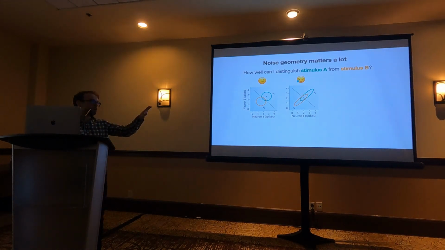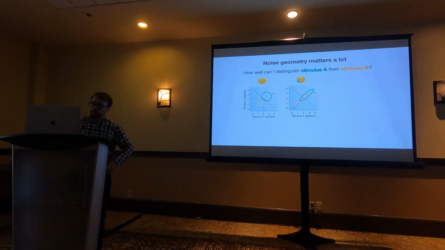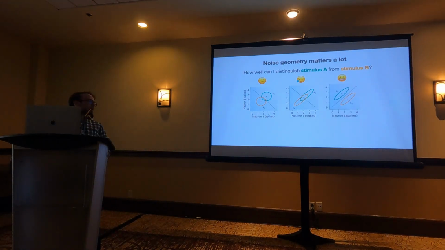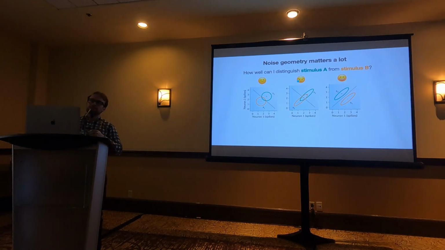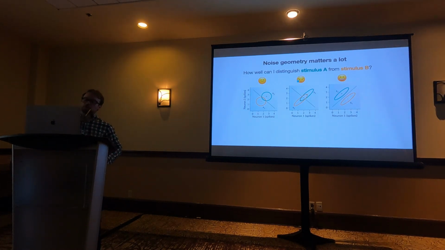These are so-called information-limiting noise correlations. In contrast, you might have a situation like this one on the right, where the distance between the average response to stimulus 1 and stimulus 2 is the same, but the noise is, as a blessing, oriented in an orthogonal dimension, so your decoding performance is quite good.